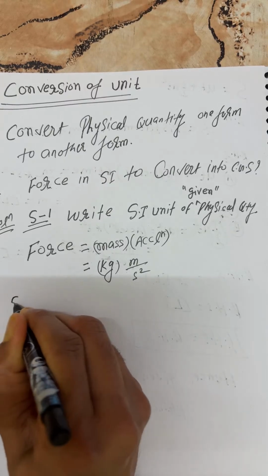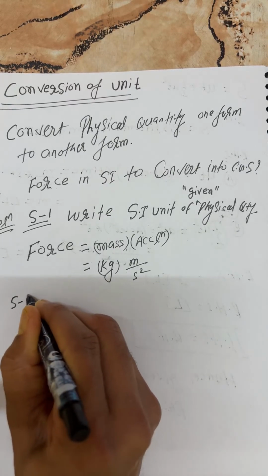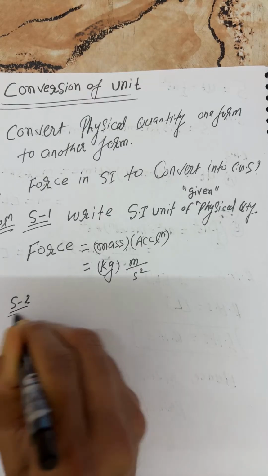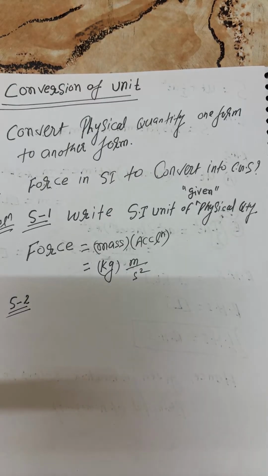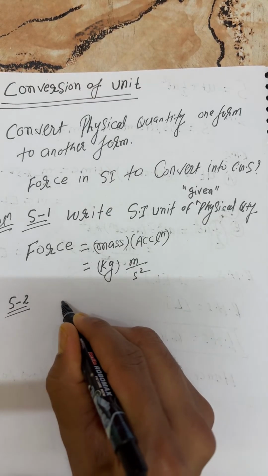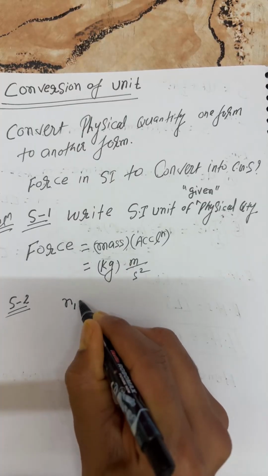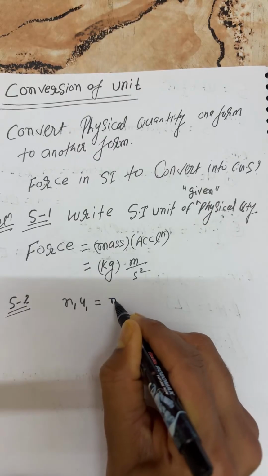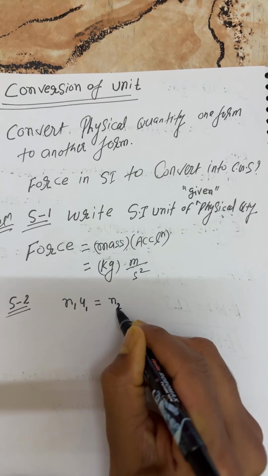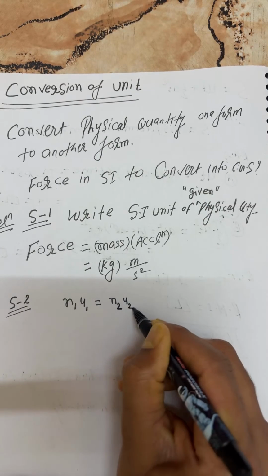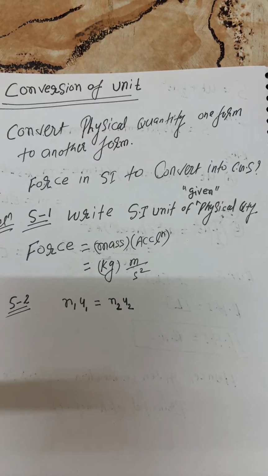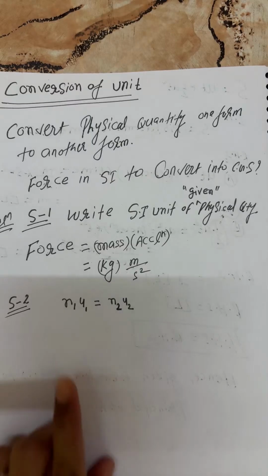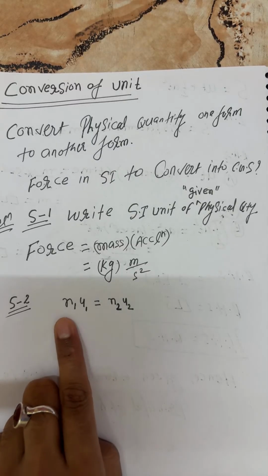Now students, using the formula of magnitude of physical quantity, that is n1 u1 is equal to n2 u2, right? N1 is a numerical value.